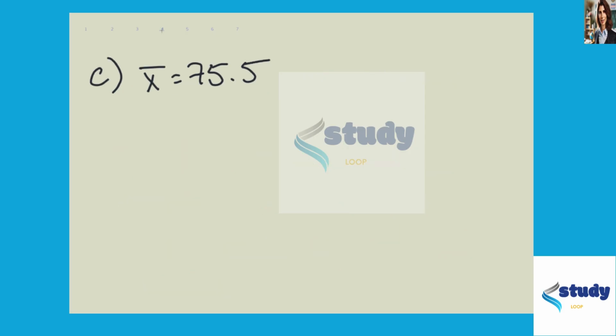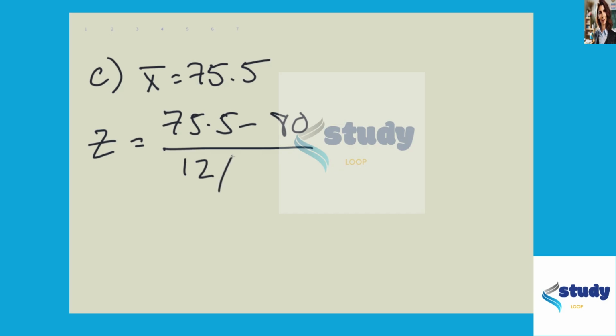All right. Now we're going to do the same thing for part C. We're going to compute a z value, which is equal to our sample mean, which is 75.5, minus our population mean, which is 80, over our population standard deviation, which is 12, divided by the square root of our sample size, which is 100. And we are going to get a value of negative 3.75.